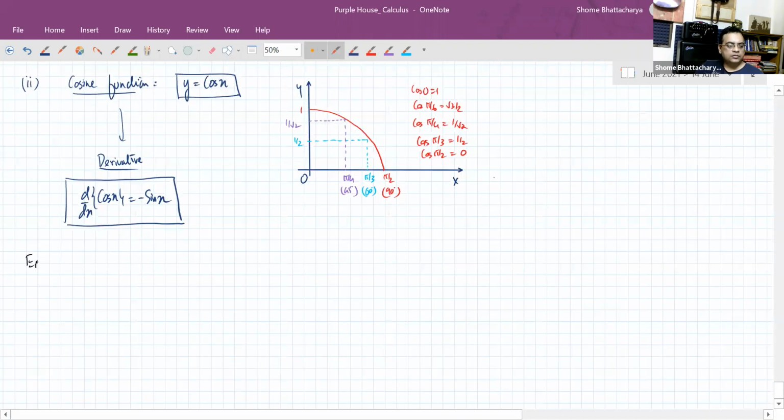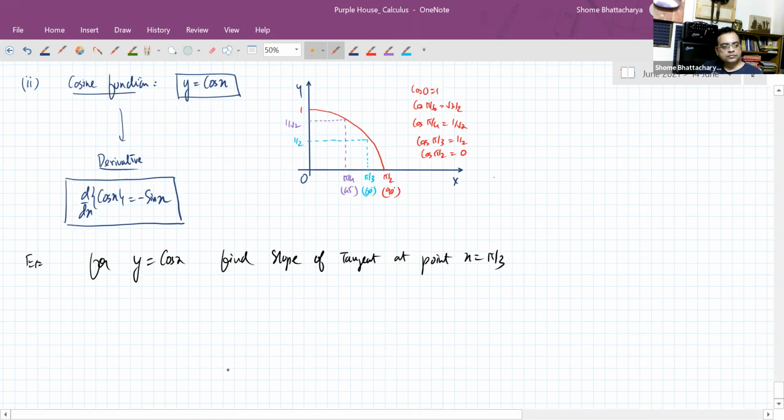For example, for y equal to cos x, find the slope of tangent at the point x equal to pi by 3, suppose. We will see that dy by dx, or the derivative of the function, from the formula I've just given above, is minus sine x.